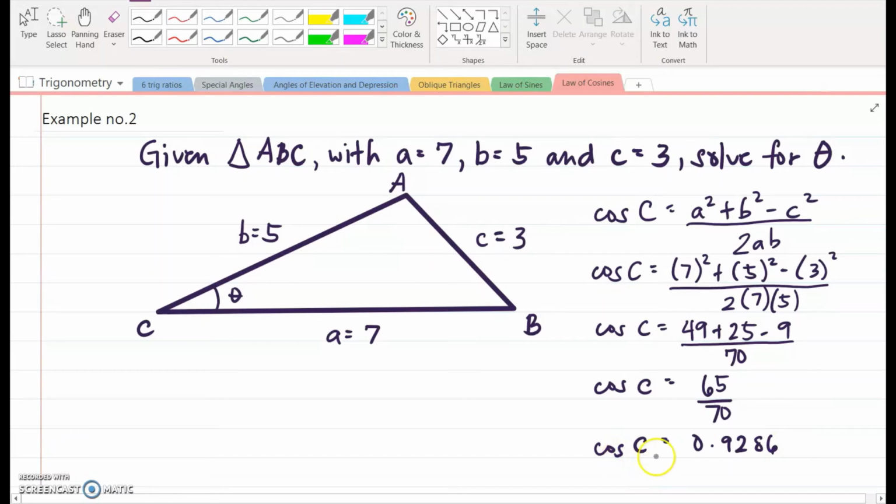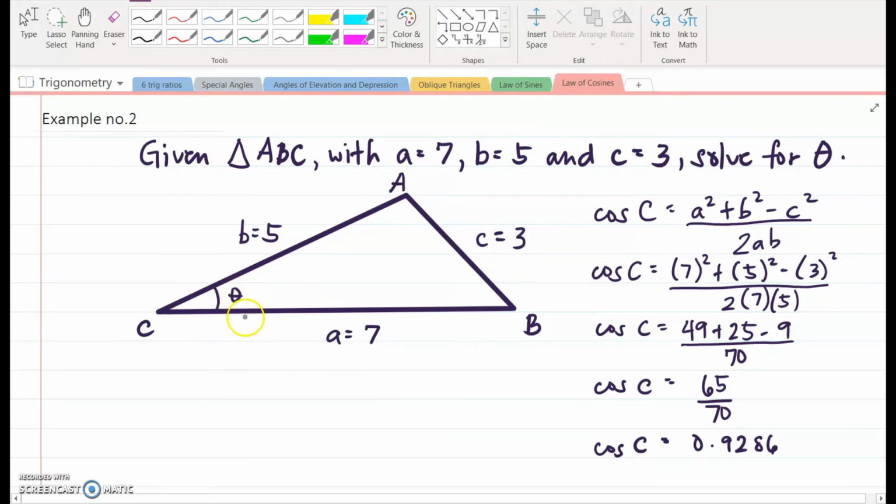And then, since we are looking for the angle, we're going to use the function in your scientific calculators, the shift cosine, to get the arc cosine.